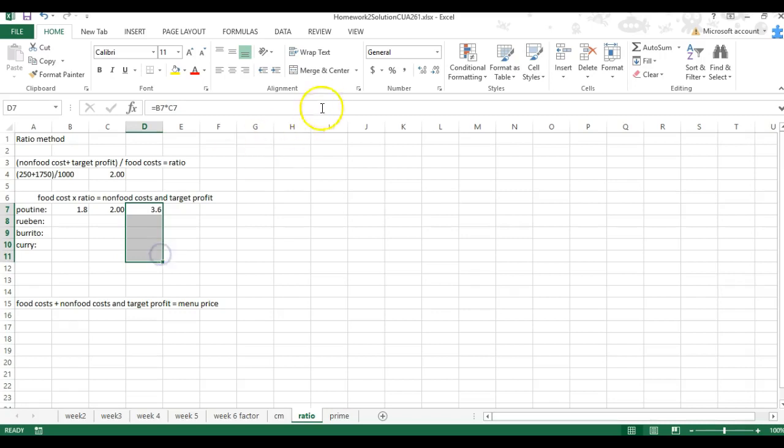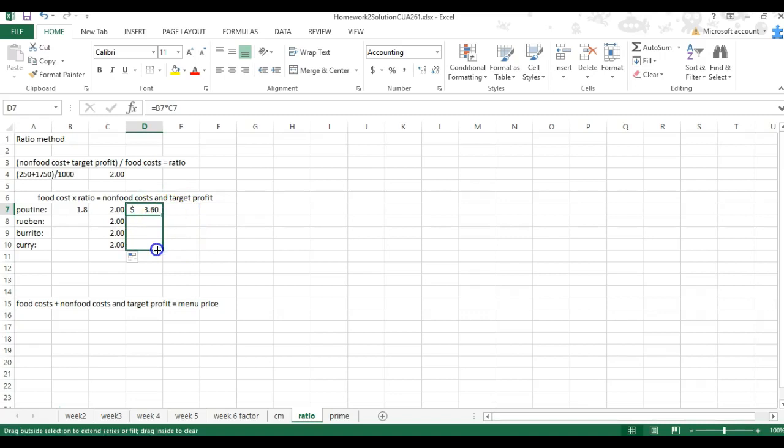You can change all these to the currency. And then we can drag this down because we know it's 2. Trying to make it easy, you can just pop in the numbers. Do the same thing over here. So now the formula is already in. That it's the food cost right here, which is the B7 times the ratio, C7.